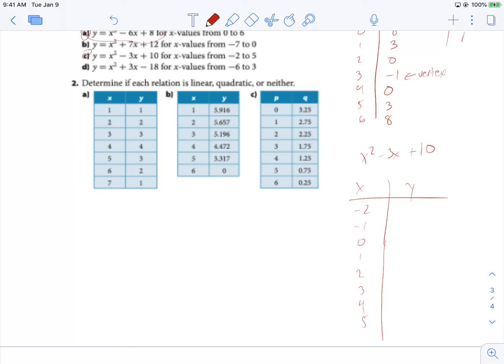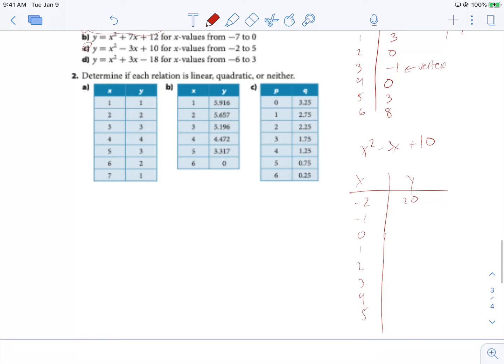So negative 2 squared minus 3 times negative 2 plus 10 is 20. So we have a positive 20. Negative 1 squared minus 3 times negative 1 plus 10, so 1 plus 3 plus 10 is 14. The next one's going to be 10. 1 minus 3 plus 10 is 8.